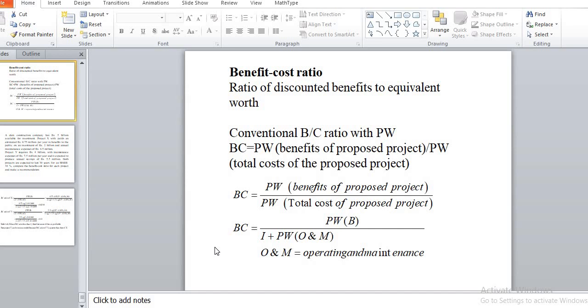So this is a desirable condition, when benefits are larger than the cost or investment, so that we can get money from that particular project. So a benefit to cost ratio larger than 1 is desirable, and when it is less than 1 it is not desirable. Less than 1 means the project has a cost value larger than the benefit.